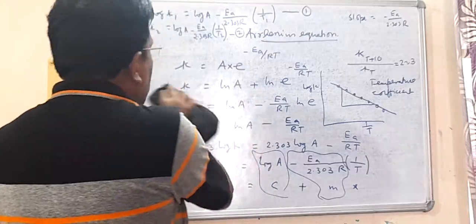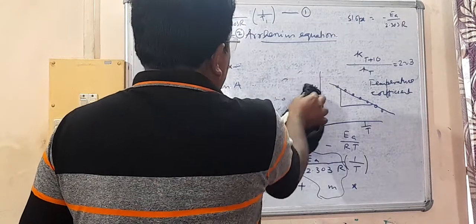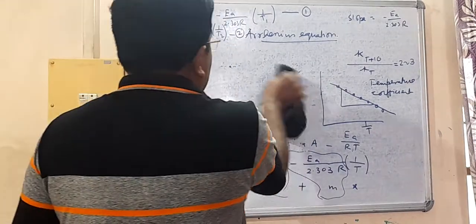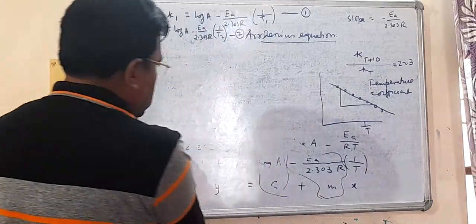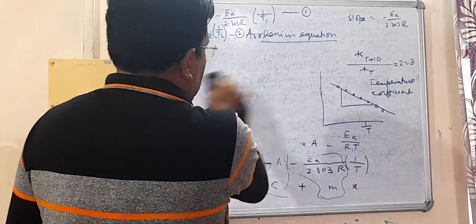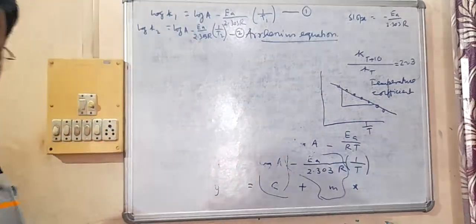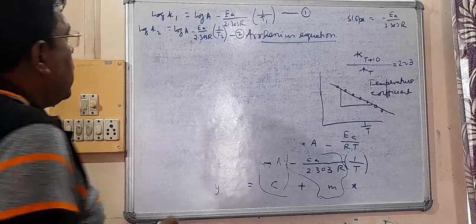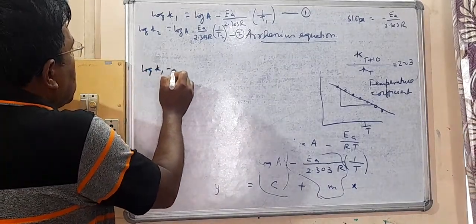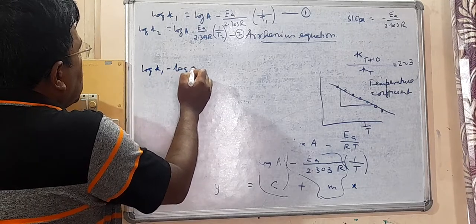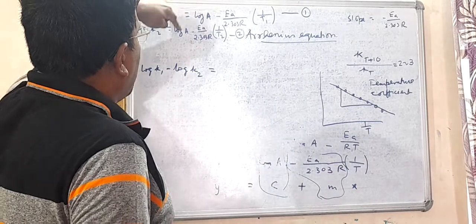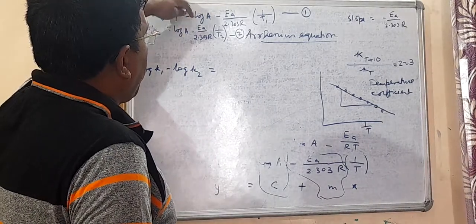On doing equation 1 minus equation 2, we will get log K1 minus log K2 is equal to, log A minus log A will get cancelled.